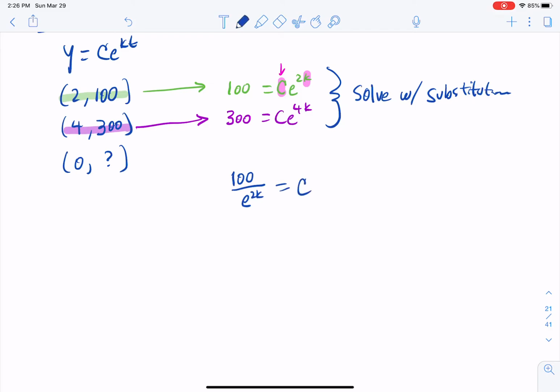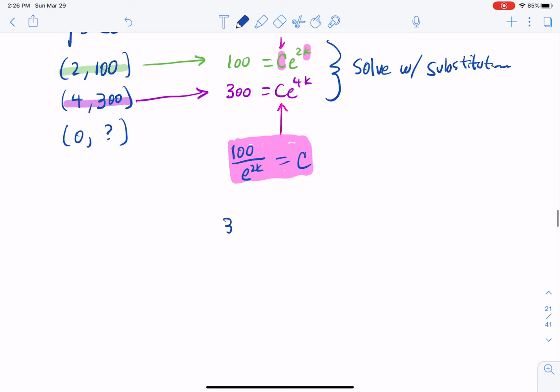is equal to c. Now I'm going to take that and substitute it back into the second equation in order to find out what the k value is. Now we're going to do some algebra and simplify this down. So we have 300 is equal to, in parentheses, 100 over e to the 2k, times e to the 4k.